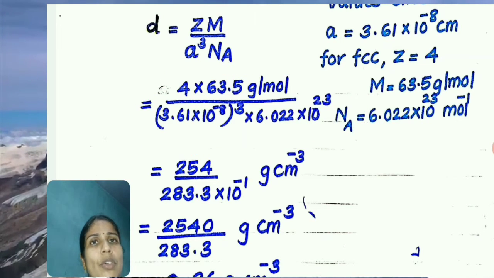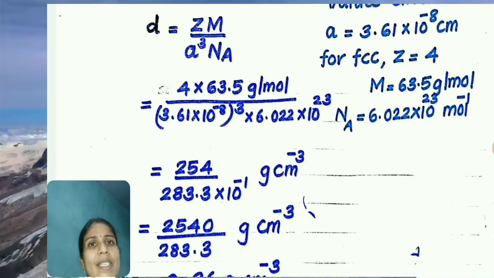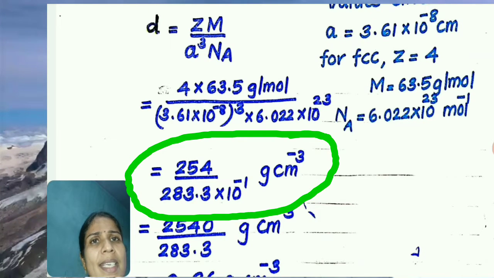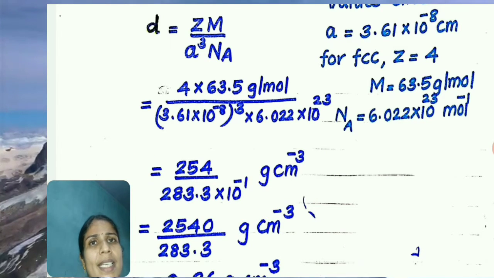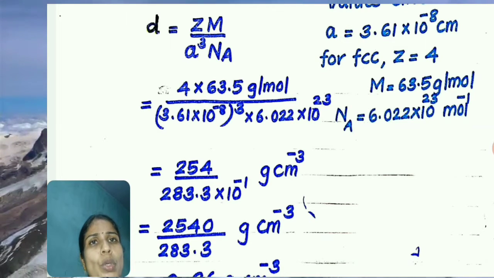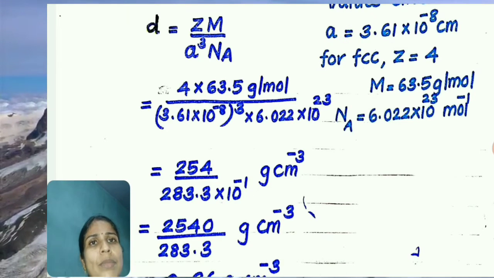Then on solving, 4 into 63.5 is 254, divided by 3.61 into 10 raised to minus 8, the whole cube. That is taken as 3.61 the whole cube into 10 raised to minus 8 the whole cube.